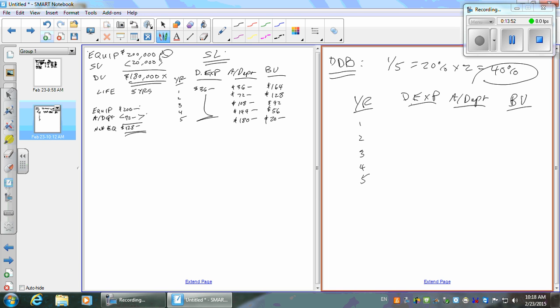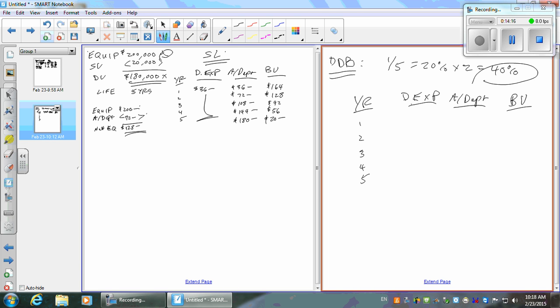Okay, so what would depreciation expense be the first year? Notice it's not 72. It's not double straight line, is it? It's more than that. That's because we're depreciating 80% of the book value. What's the book value at the beginning if the cost is 200 and accumulated depreciation is 0? It's 200. What's 40% of 200?